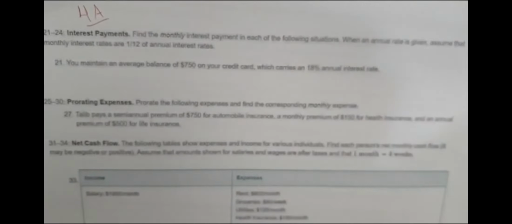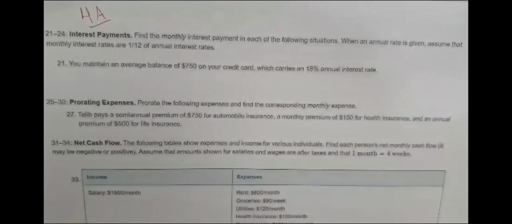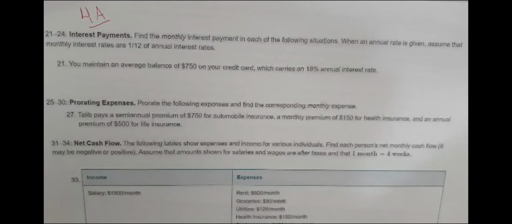With that said, hopefully you've looked over 4A and 4B. The one thing you should really take away from 4A is converting things to monthly finances, so doing a monthly sort of budget. I believe the first couple problems are all about that.